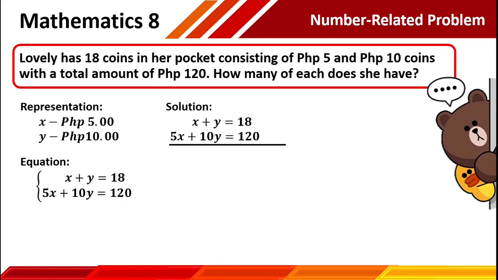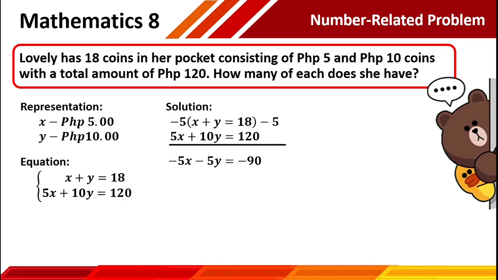So in this given problem, the best method to use is the elimination method. Here, I just want to eliminate the variable x, so I will be multiplying both sides by negative 5. Therefore, my new equation would be negative 5x minus 5y is equal to negative 90.